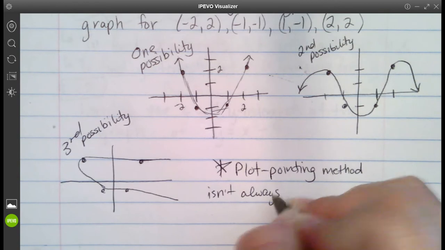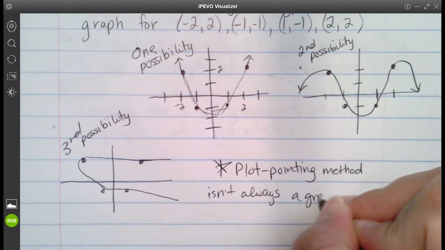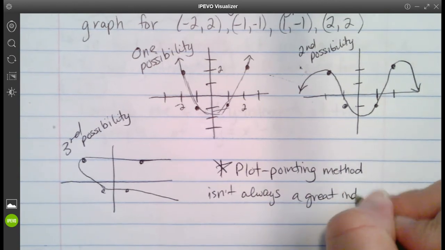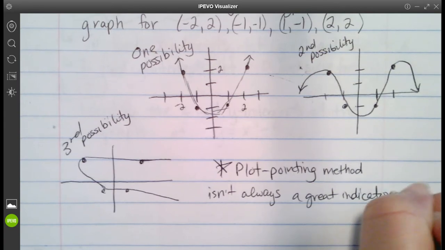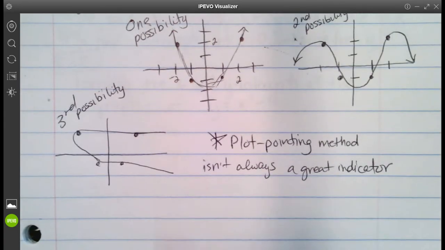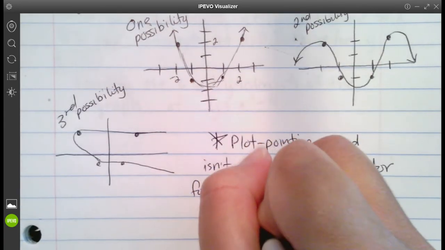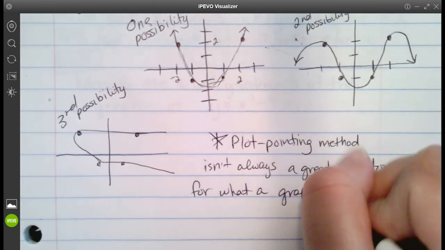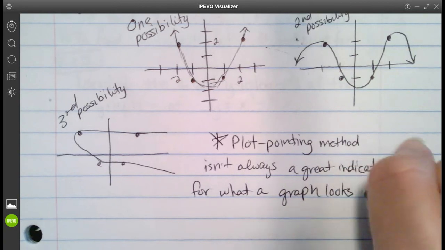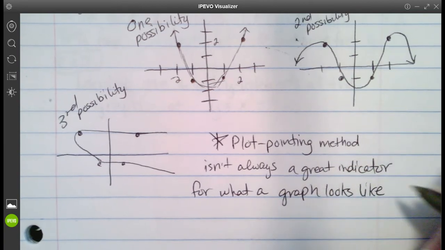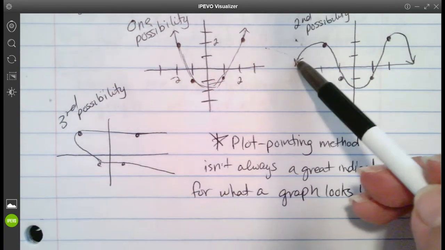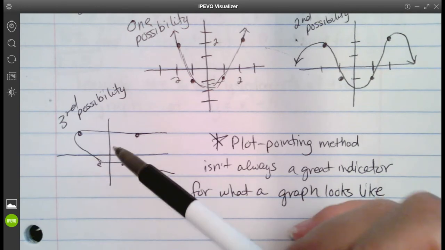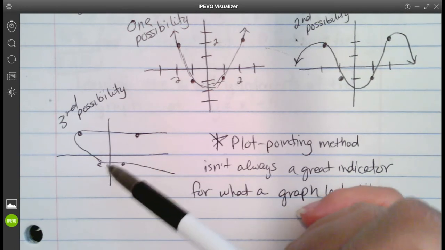Isn't always, I'm going to put this more officially, a great indicator for what a graph looks like. Okay, because of this case where you don't know what the equation is, so therefore you don't really know the type of graph it is.